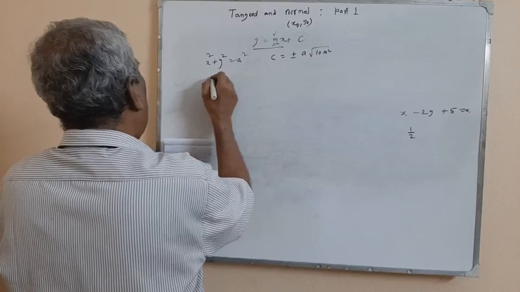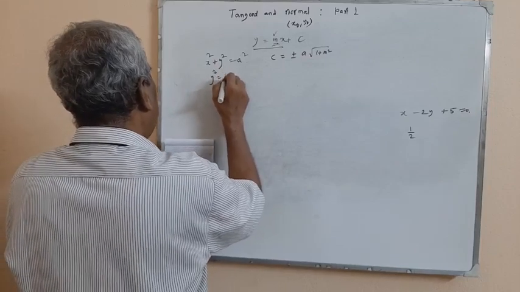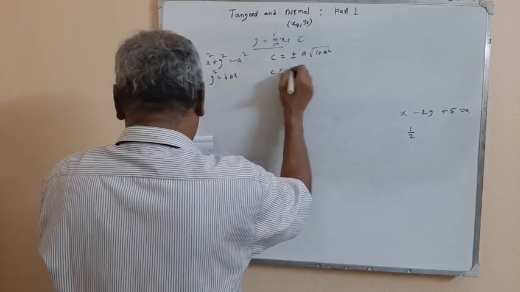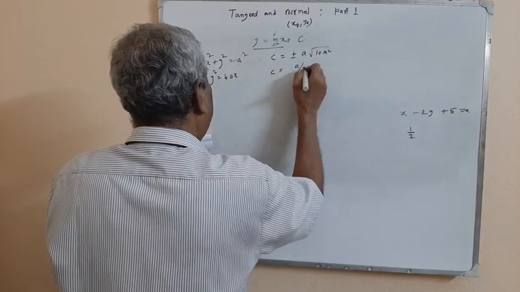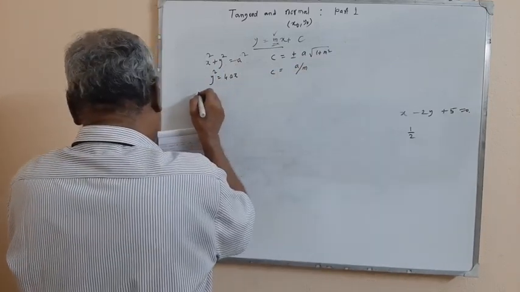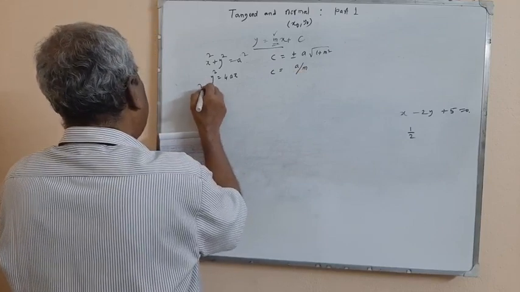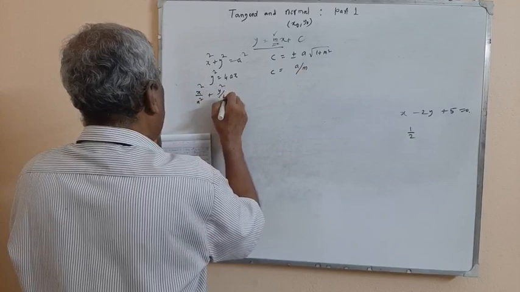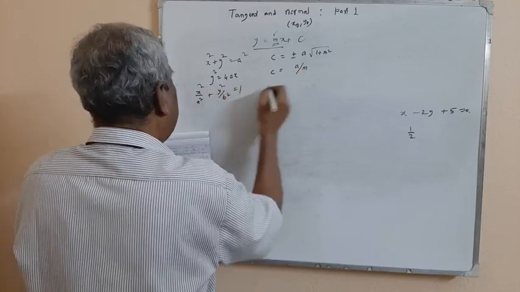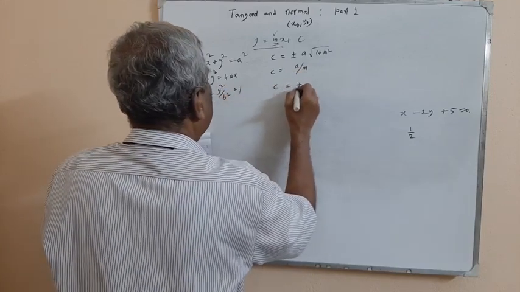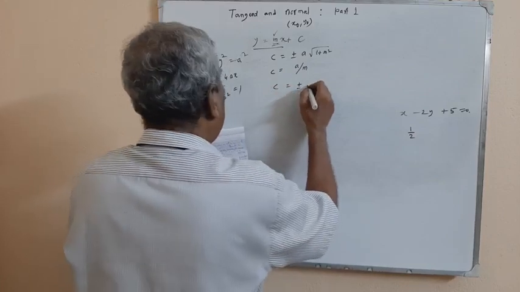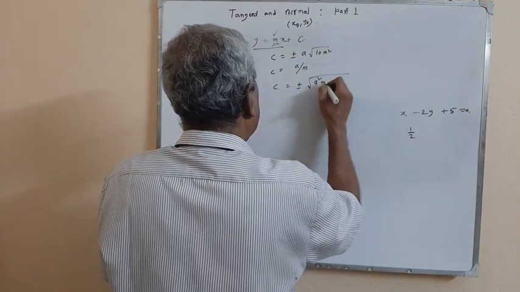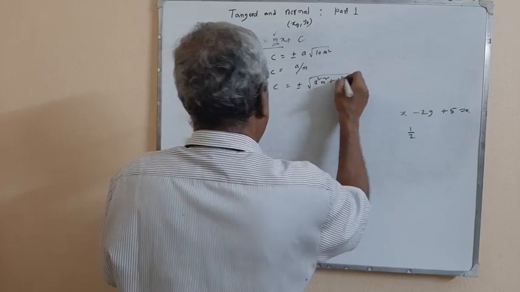For the parabola y² = 4ax, c = a/m. For the ellipse x²/a² + y²/b² = 1, c = ±√(a²m² + b²).